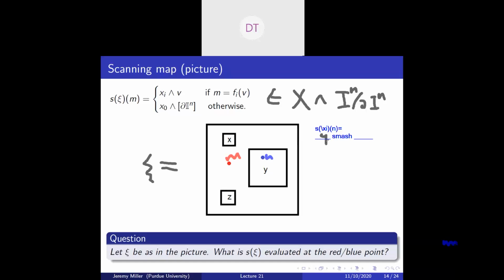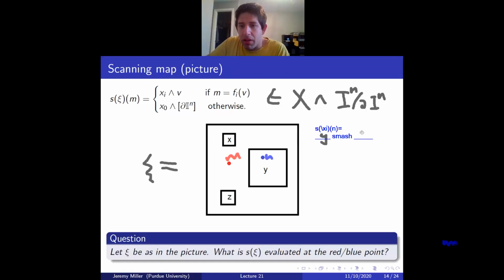Okay, Y, and then now we need a point in the cube. It's maybe a little harder to say, but qualitatively, what point in the cube do we want to associate to N? We want this point. So what you do is, this square, we have a chosen homeomorphism from this square to the full size square.